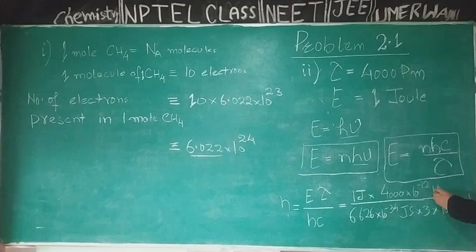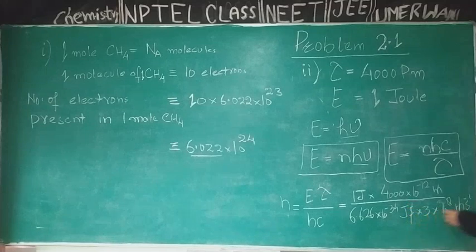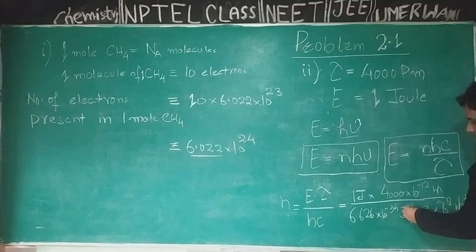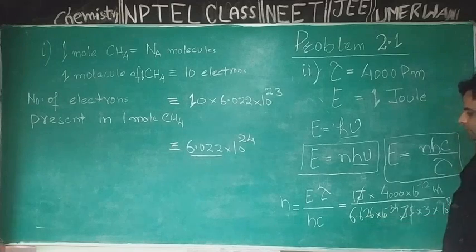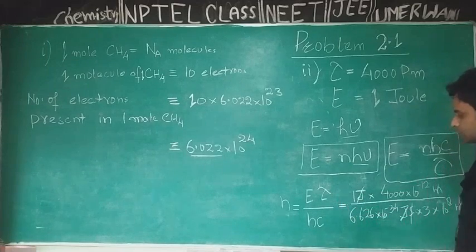Now meter in numerator will get cancelled. Second and second inverse in denominator will get cancelled. Joule and joule will get cancelled. And on RHS side there is now no unit because number of photons has no units.